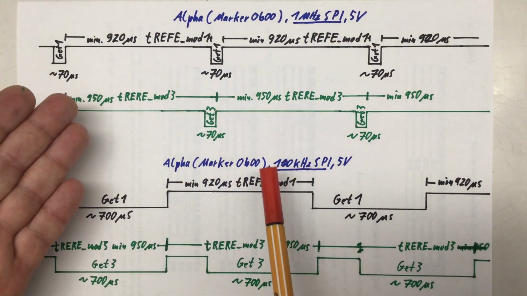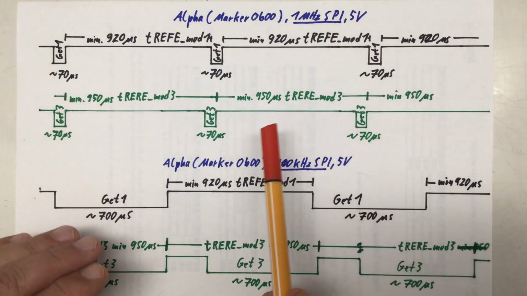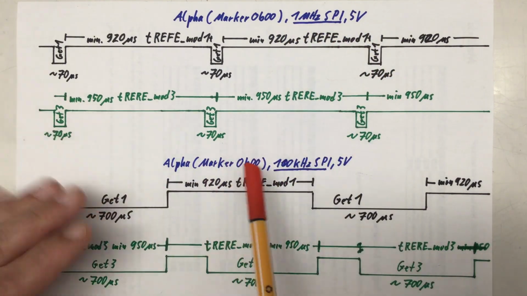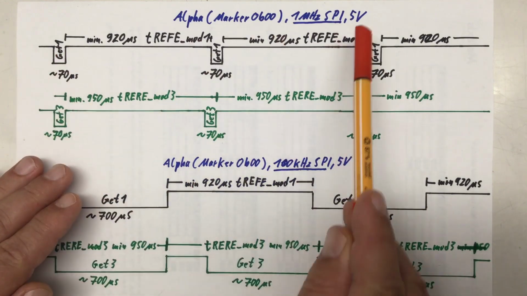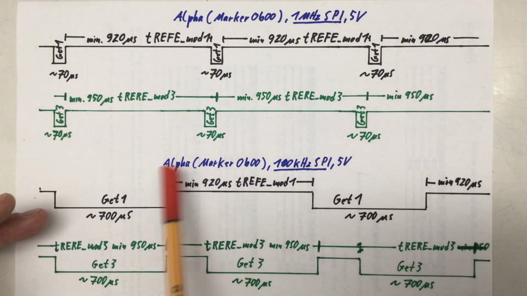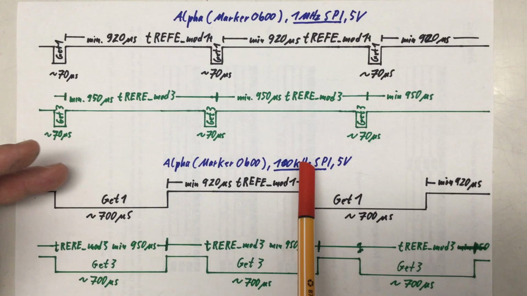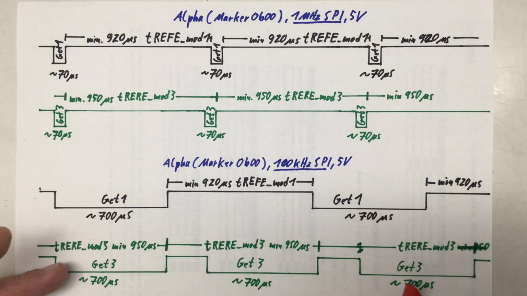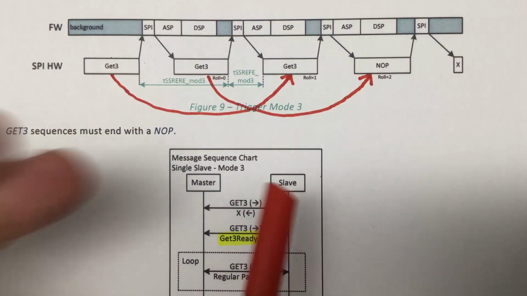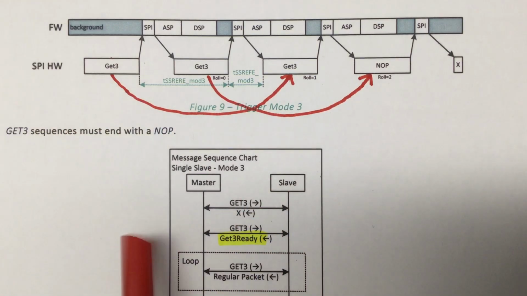So in practice, with a very fast SPI bus, you would go usually for trigger mode 1, while when you have a very slow SPI bus, you would accept that interleave stuff and keep your frame rate up and go for trigger mode 3.